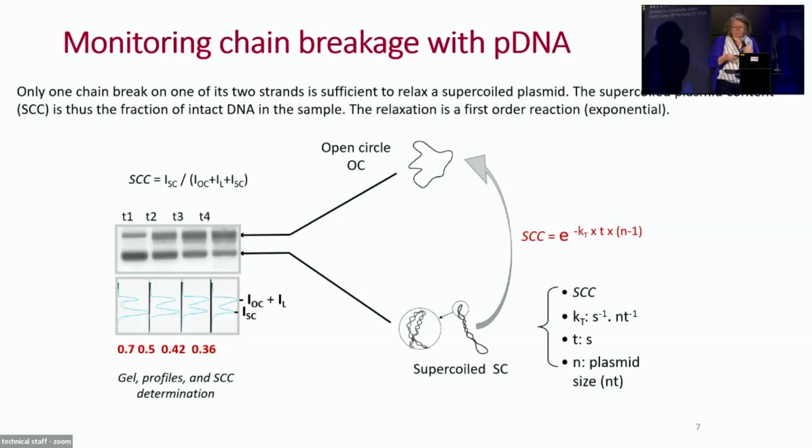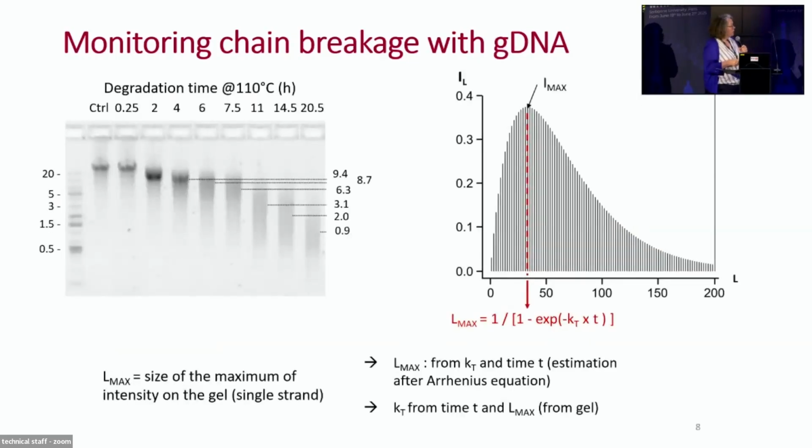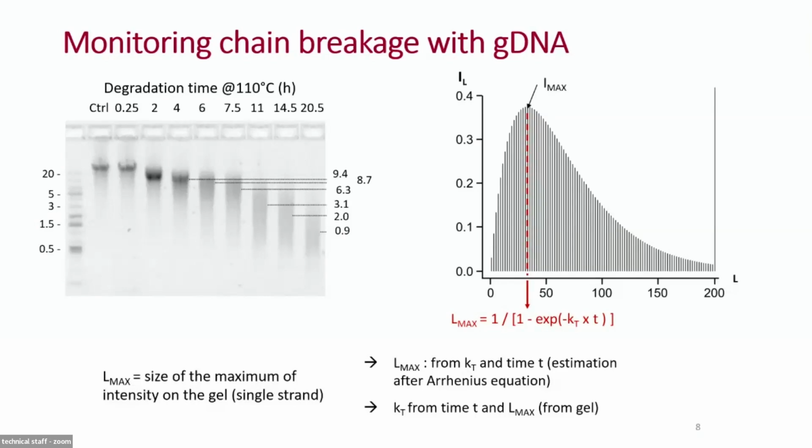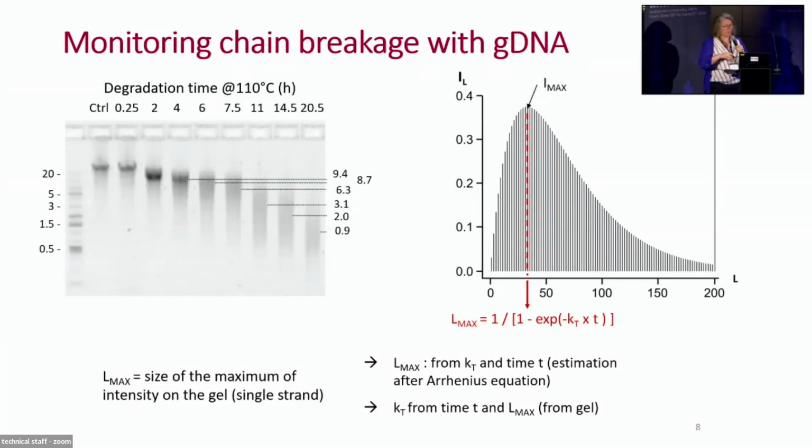The second way of monitoring chain breakage is by using genomic DNA, because we were in the biobanking world. So you have high molecular weight DNA here, more than 20 kb. You denature it so that you separate the 2 strands, and you measure the size with the maximum intensity.